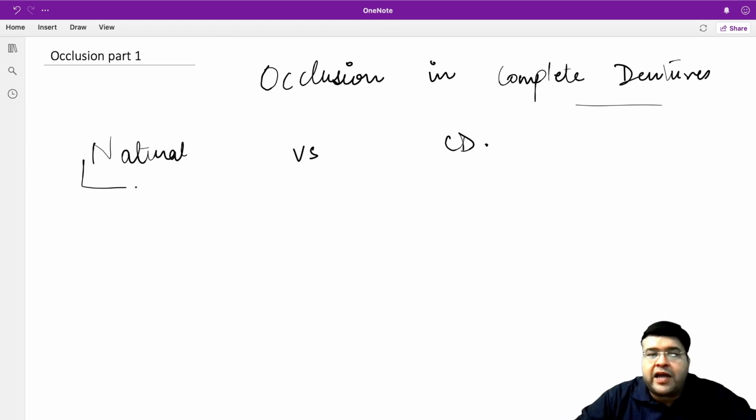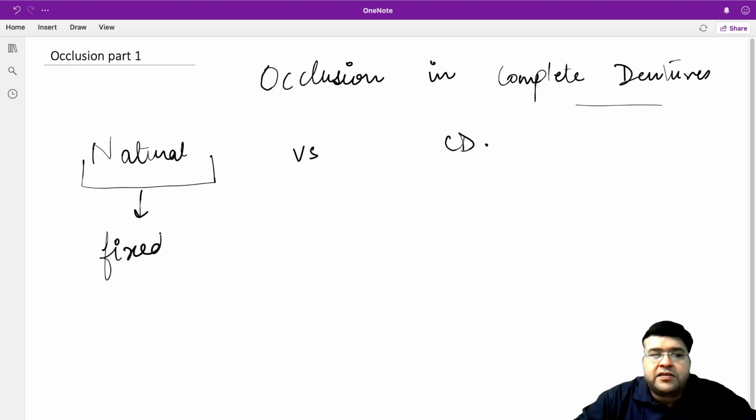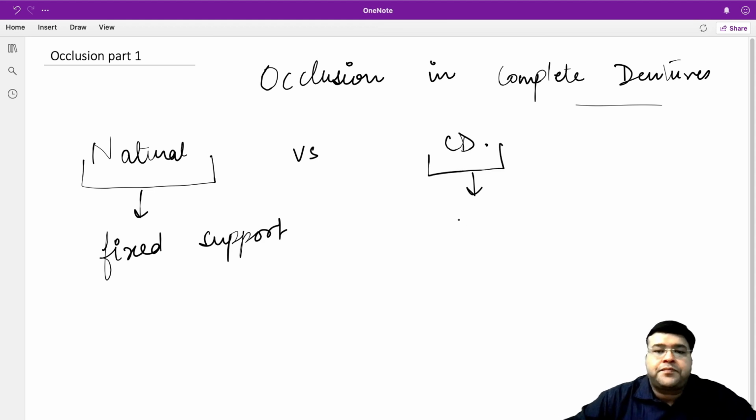Why? Because in natural dentition you have a fixed support, whereas in the occlusion of a complete denture, you have only tissue support, right?